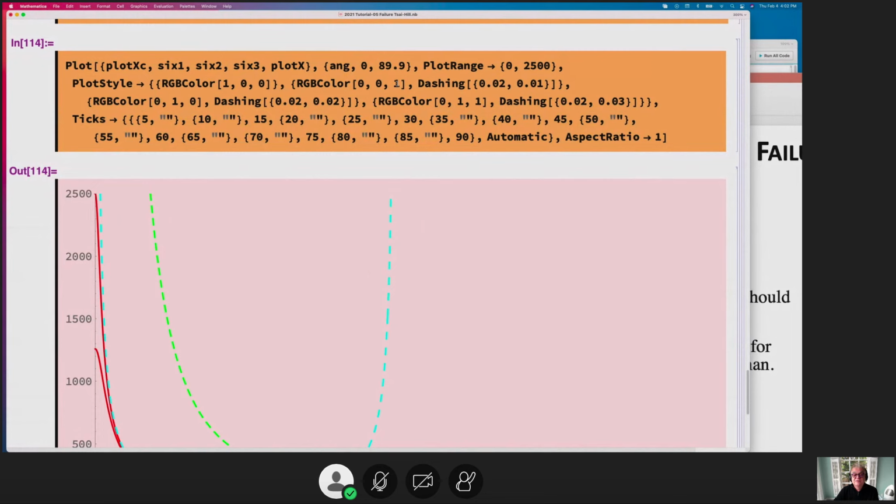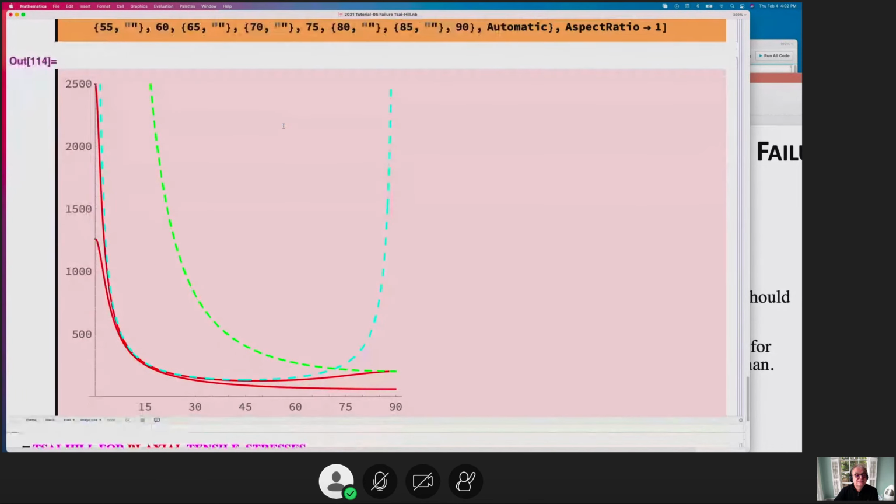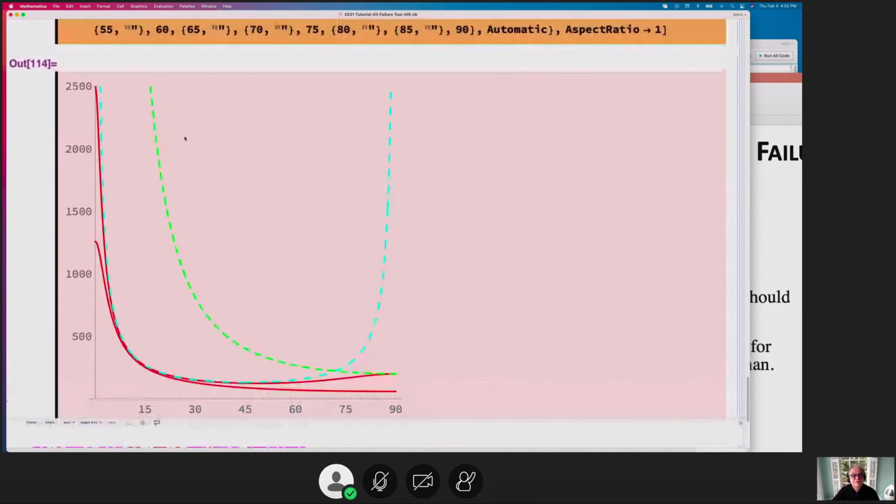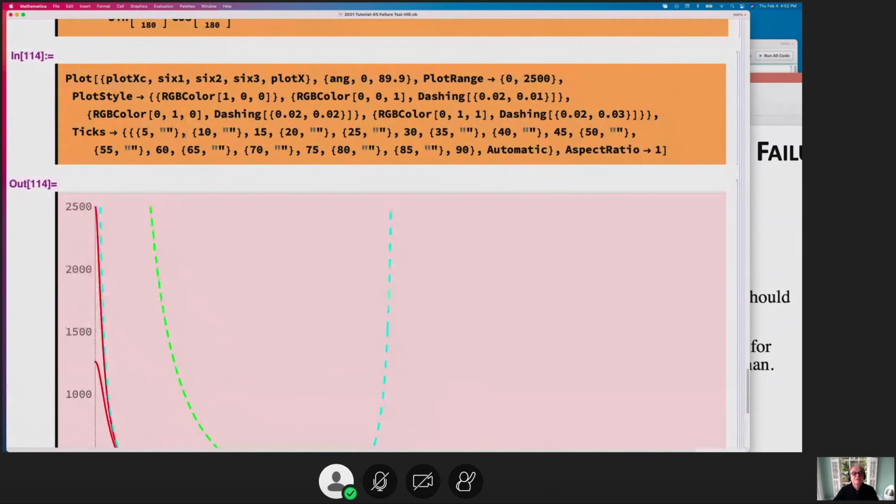Oh yeah, I know why blue doesn't show. It's above actually. And then green, and then 1-1.